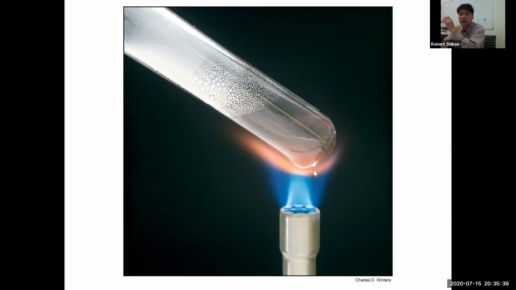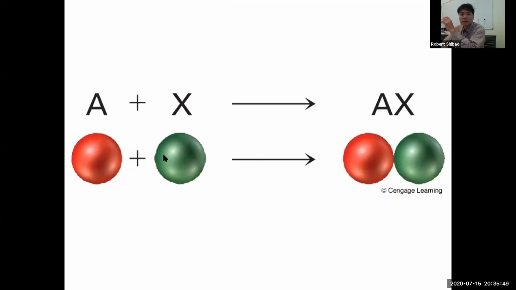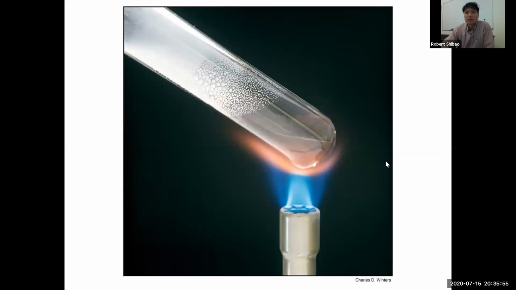This is one we saw earlier, mercury 2 oxide decomposing. Lavoisier. This is the reverse. So this is a synthesis, or what we call a combination type reaction, where we're combining to form AX.